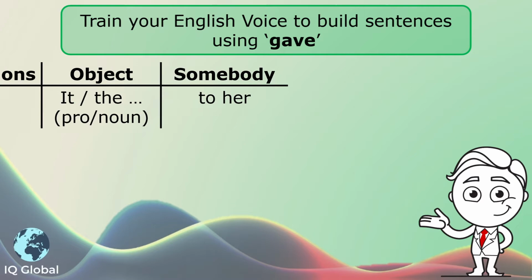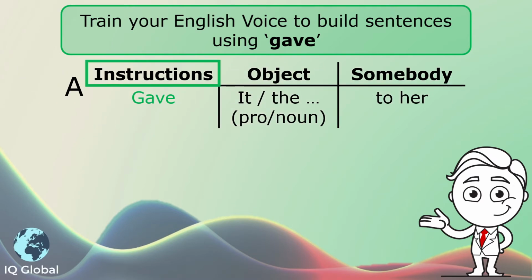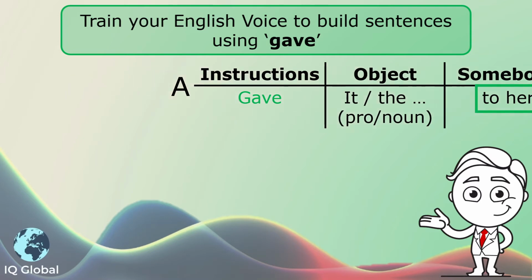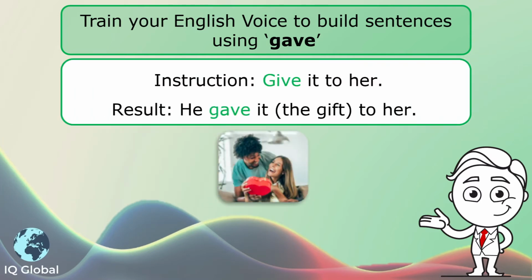So let's have a look at structure A. The instruction gave plus the object it, which is the pronoun, or the, which is the noun, plus somebody. For example, to her. Let's have a look at these examples.